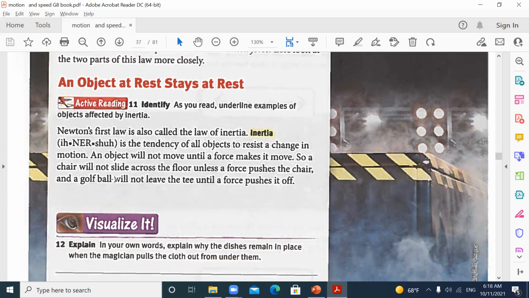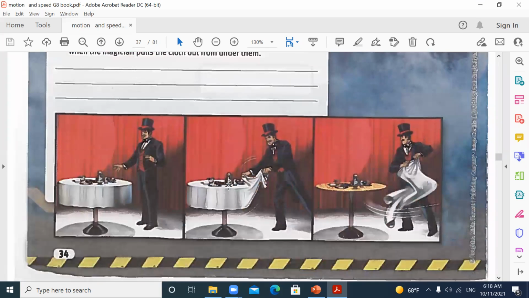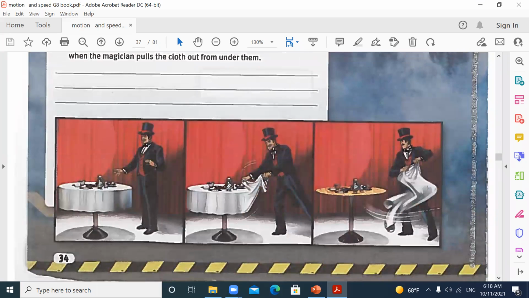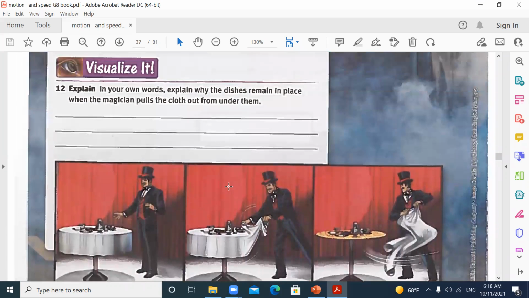So a chair will not slide across the floor unless a force pushes the chair. If you see this picture of the magician, after pulling out the cloth, all the dishes and cups will remain in place without movement.